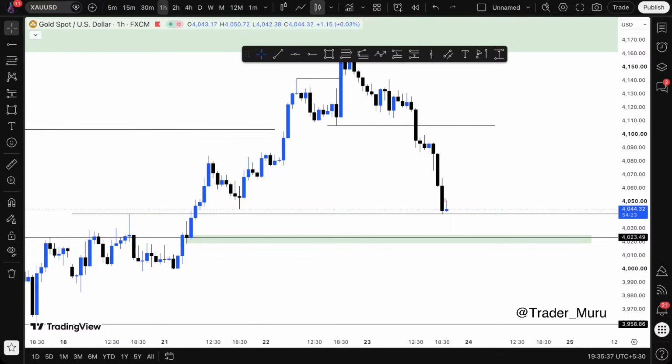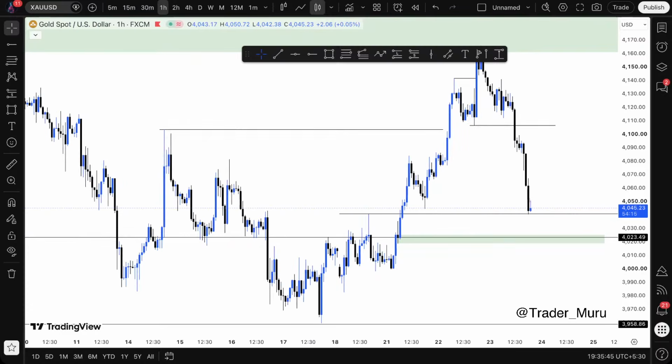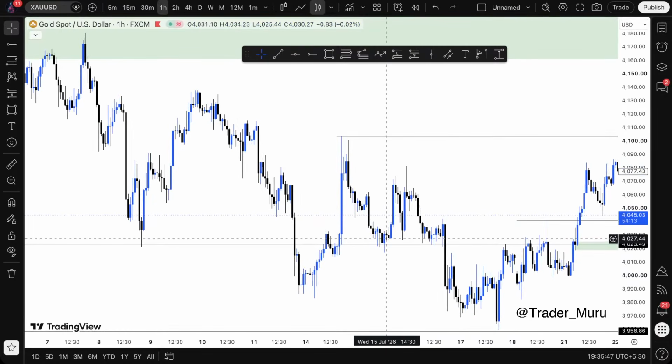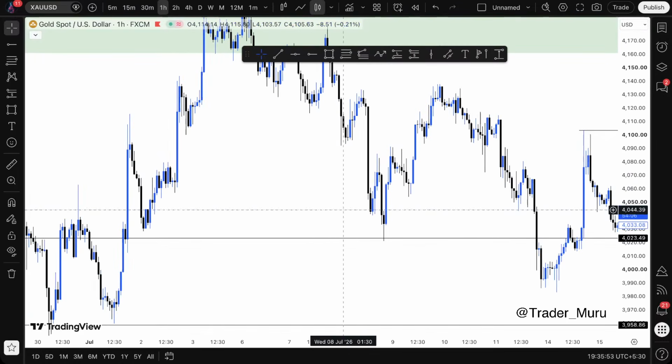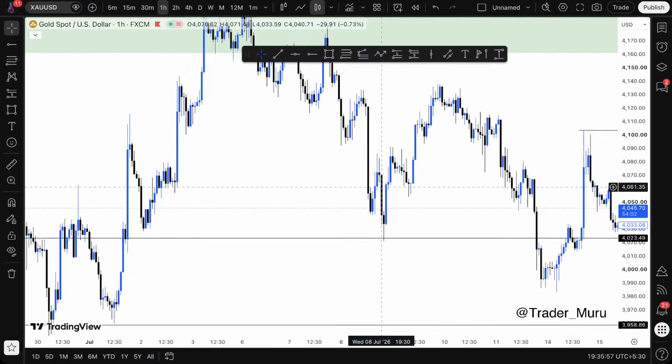From 4023 you will get one buy opportunity. Confirmation will be a 1 hour time frame momentum break. Sometimes it goes too high after breaking the momentum.